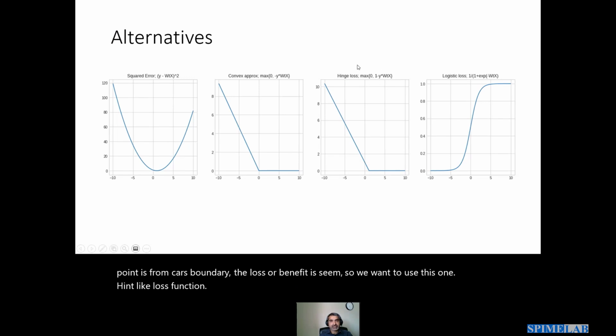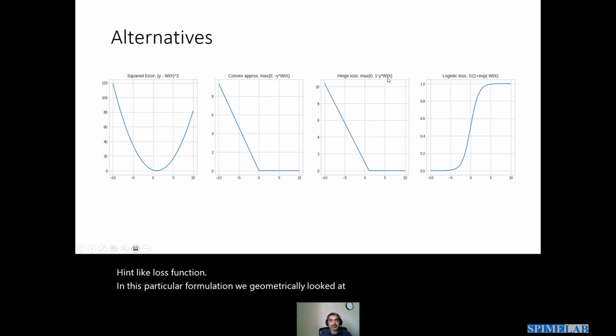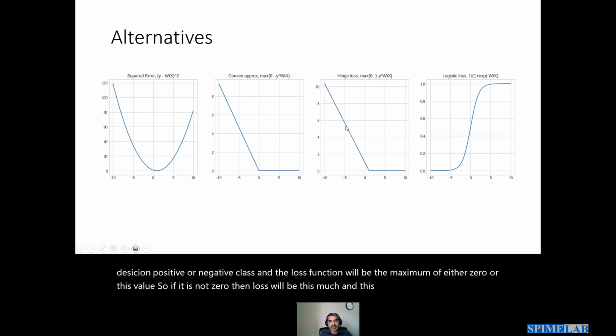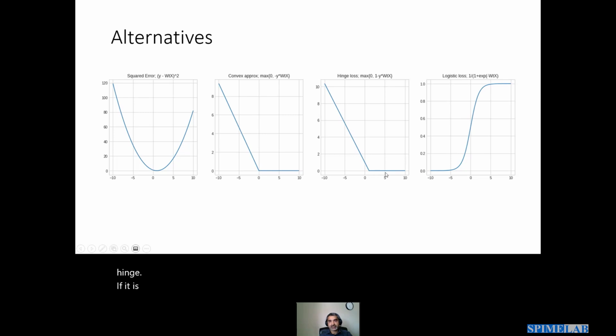In this formulation, we geometrically looked at 1 minus y multiplied by w transpose x, which gave us the decision, positive or negative class, and the loss function will be the maximum of either 0 or this value. So if it is not 0, then the loss will be this much, and this is this arm of the hinge. If it is 0, we correctly classified, then we don't worry about this part, so 0 loss.